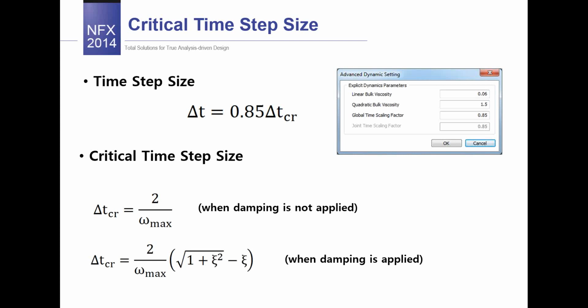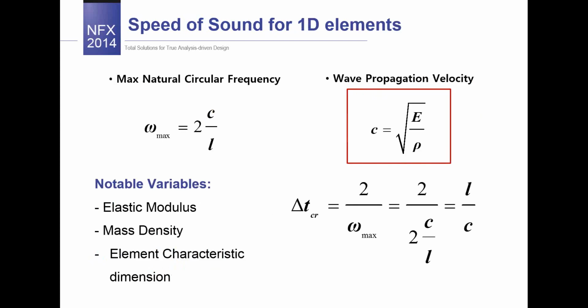So for the system without damping, we have this equation which equals 2 divided by maximum frequency, and the second equation is valid for the system when the damping is applied. So to ensure the stability and accuracy of the solution, the size of the time step used in explicit time integration is limited by the Courant criterion.